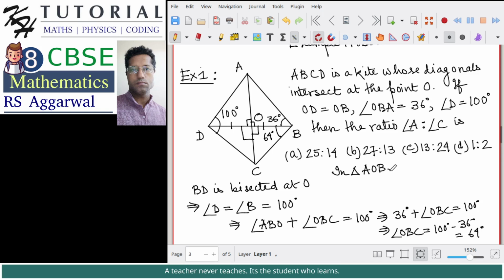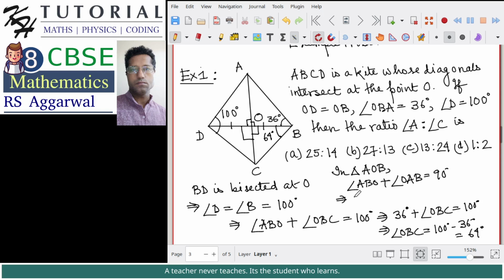From triangle AOB, using the angle sum property, angle ABO plus angle OAB must be equal to 90 degrees, because in triangle AOB one angle, angle AOB, is 90 degrees.